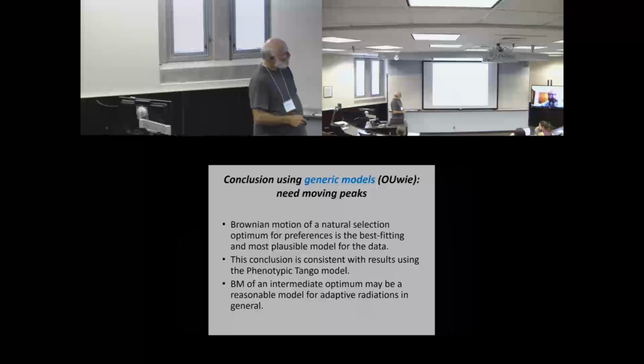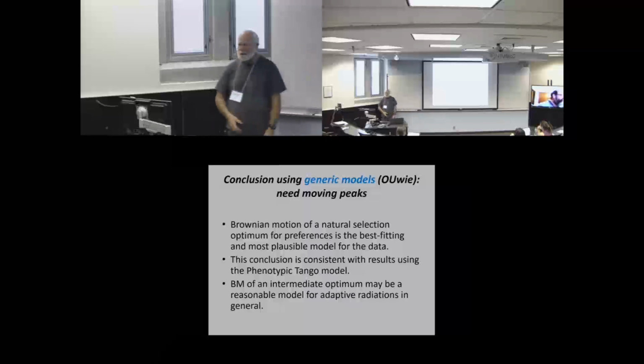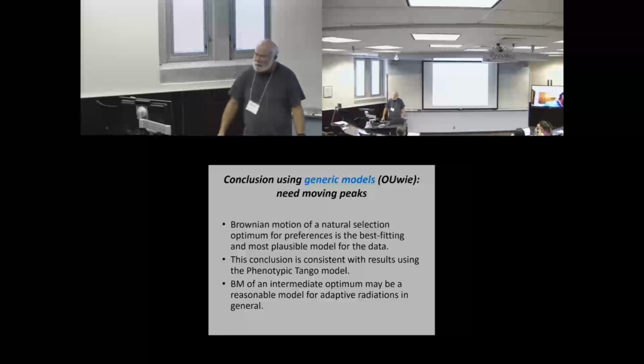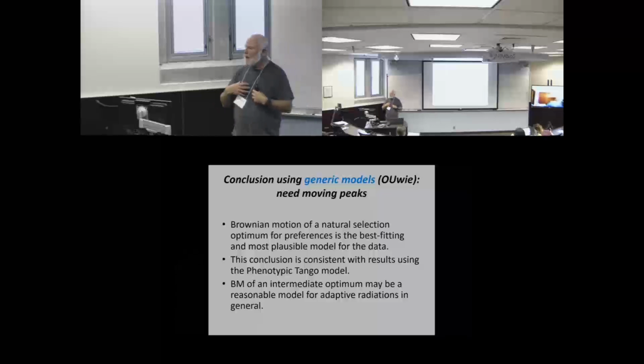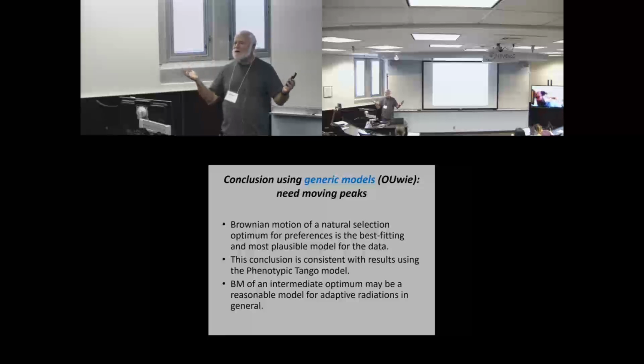So my takeaway from all of this is that in general, pick your process. It could be Brownian motion, it might be BM, but the point is moving the optimum is probably a more reasonable model of adaptive radiations. So for microevolutionists, we don't typically think about a process for moving our optima, right? So this is on a macroevolutionary time scale.